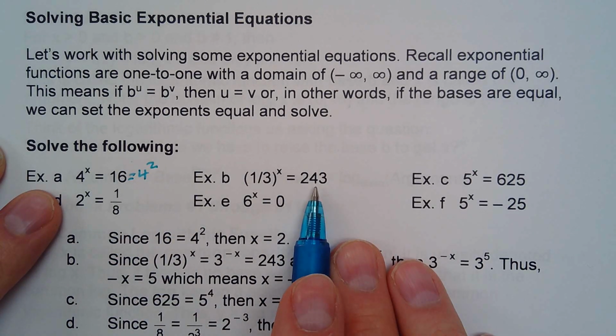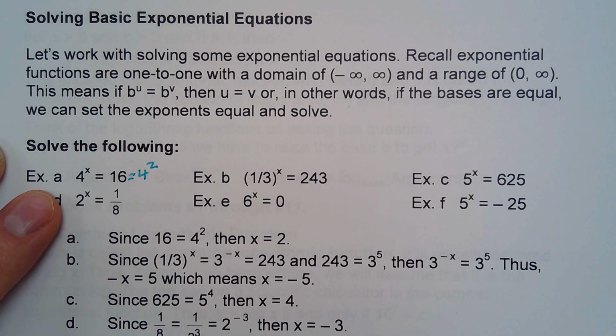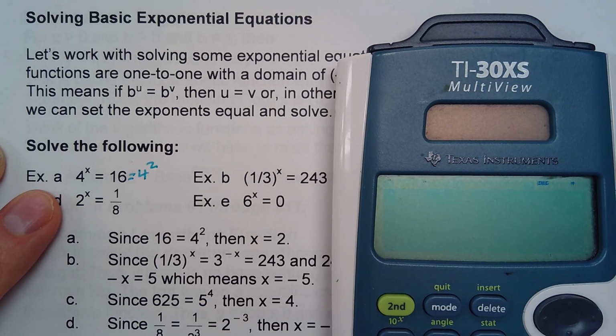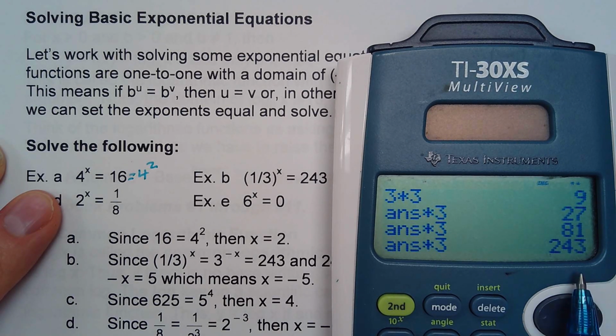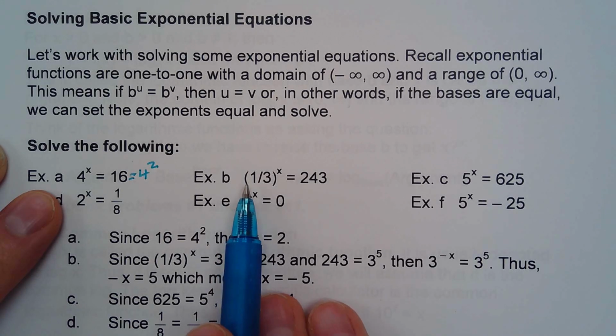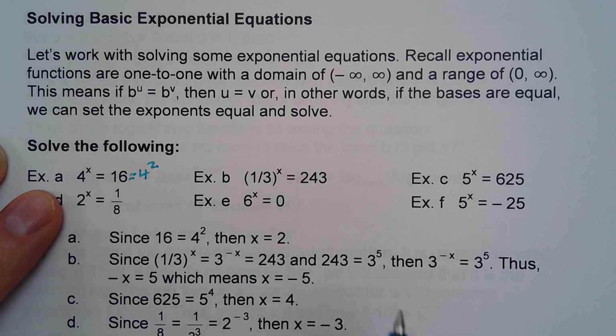For b, if we look at 243, if I take 3 times 3, it's 9, times 3 is 27, times 3 is 81, times 3 is 243. That tells me that 3 to the 5th power, because I have 5 3's here that I'm multiplying together, is the same thing as 1/3 to the x.